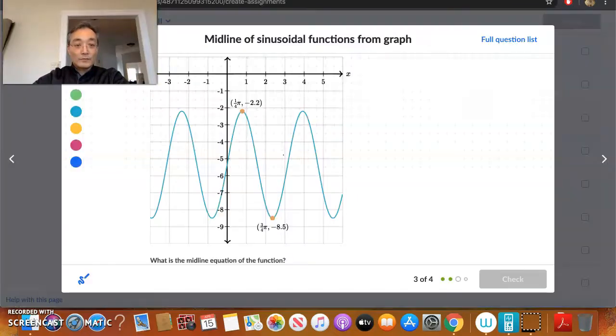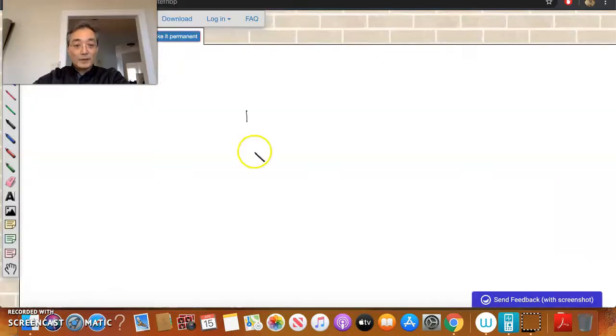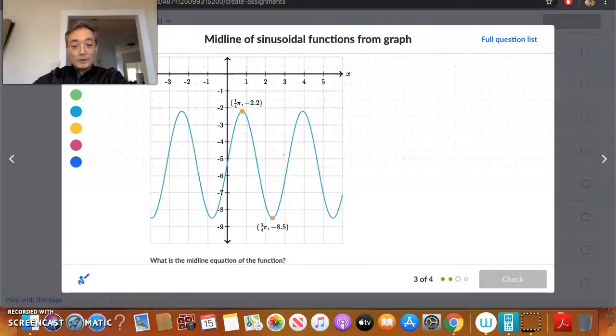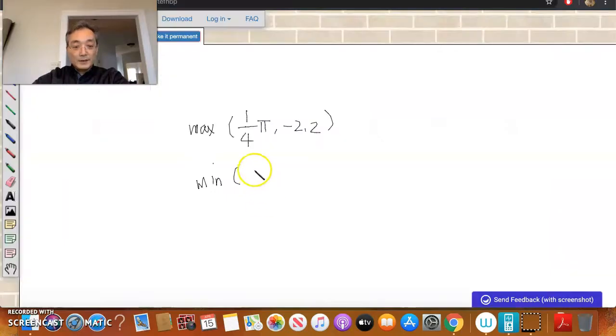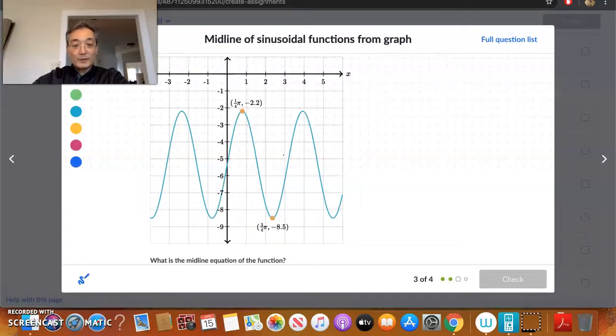And we have our minimum point at 3/4 pi and the y coordinate is negative 8.5.